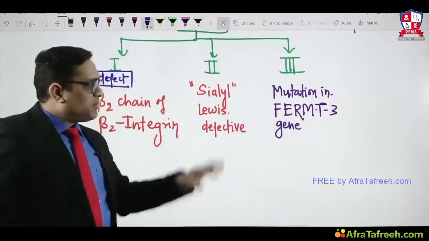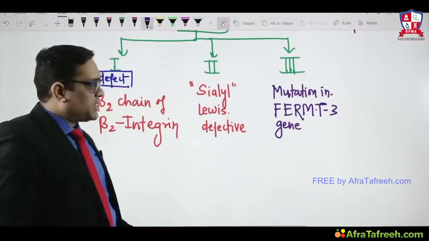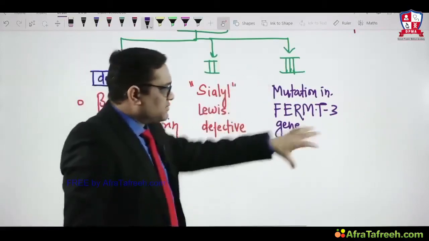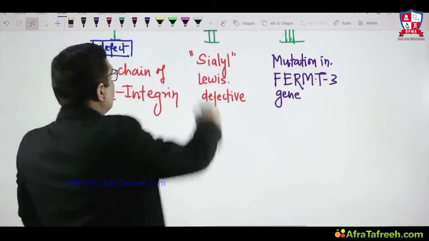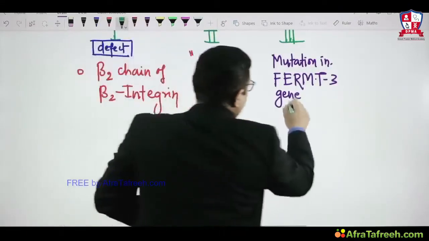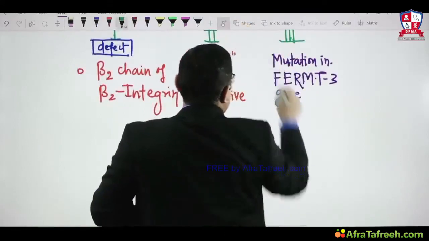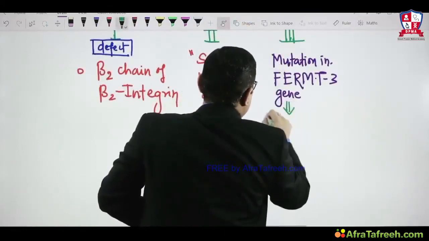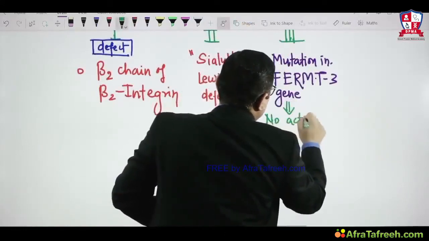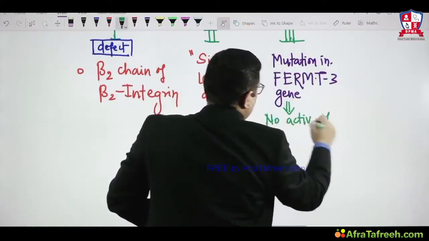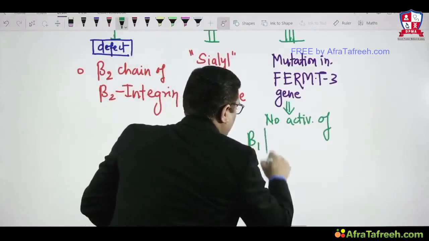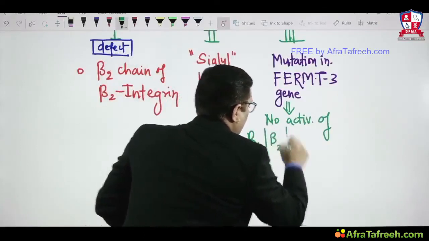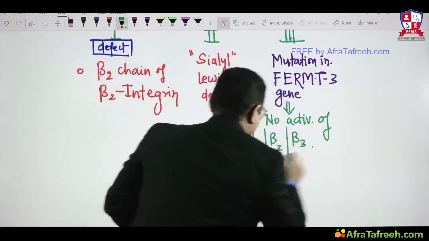Mutation in the FERMT3 gene will be present in LAD type 3, and because of this mutation, there will be no activation of beta 1, beta 2 and beta 3.